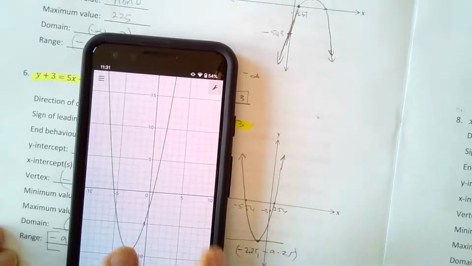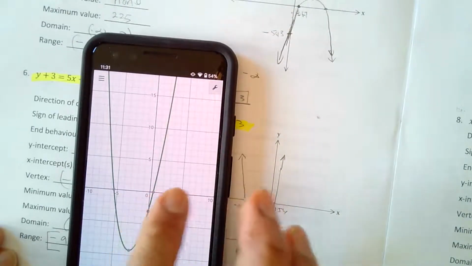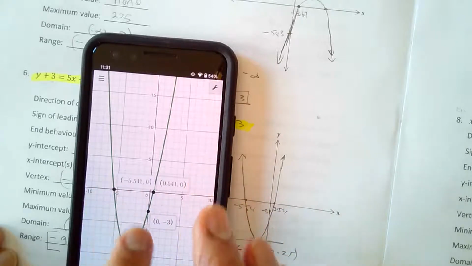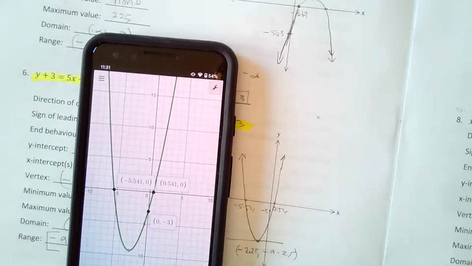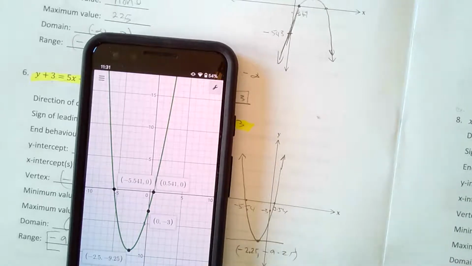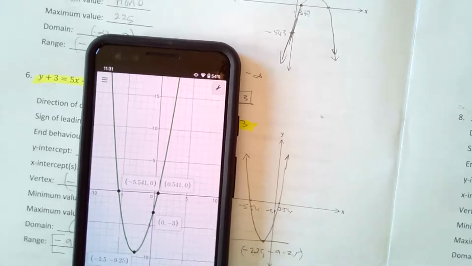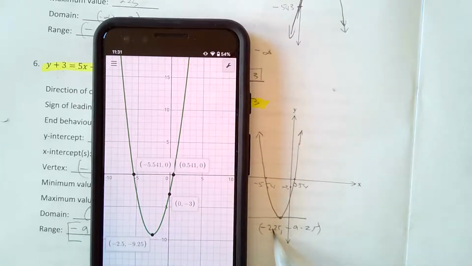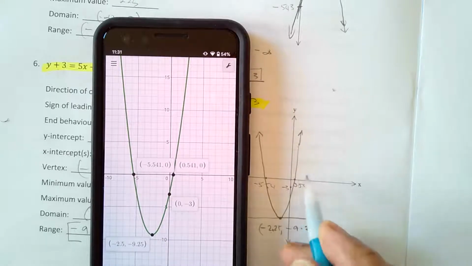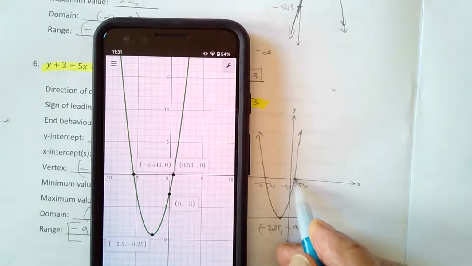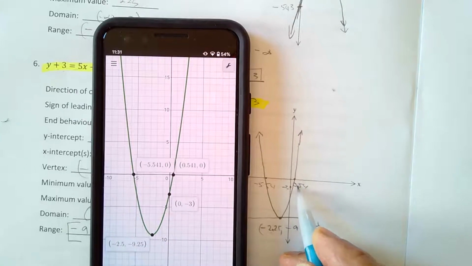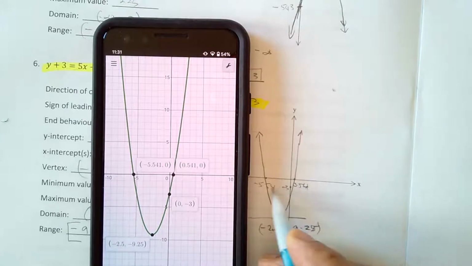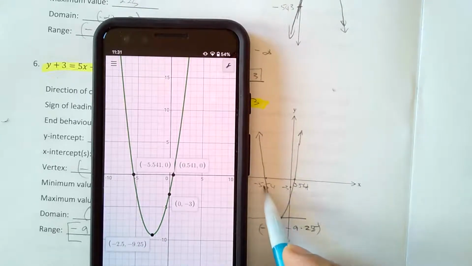So we can tap, tap, tap, and they are all there. The vertex here is negative 2.5, negative 9.25. Our x-intercepts are 0.54 and negative 5.54.